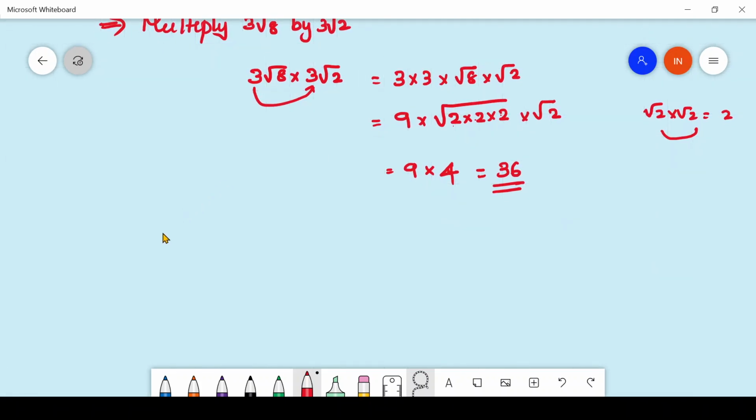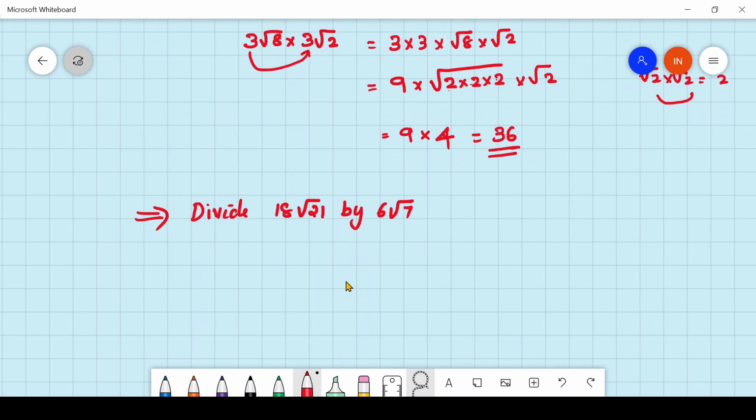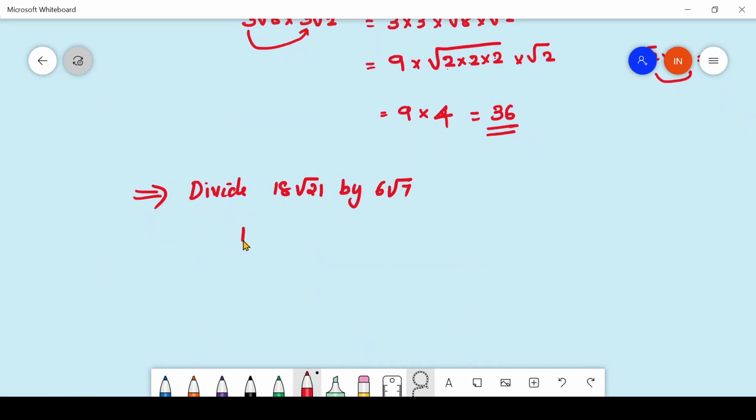Now, how can we do the division on this? Let's see some properties like division. Divide 18 root 21 by 6 root 7. Let's see how we can do this. So as I told earlier, we can do the calculation on the numbers which do not have a root first.